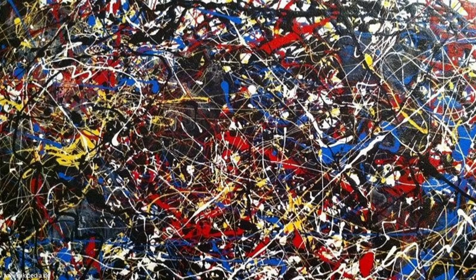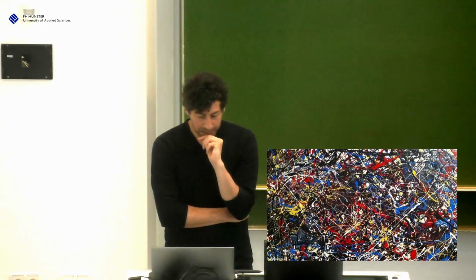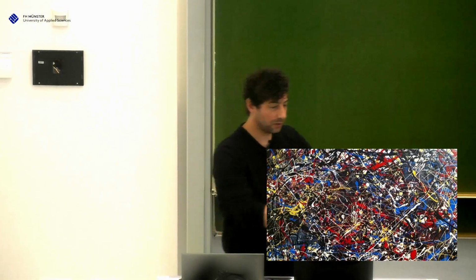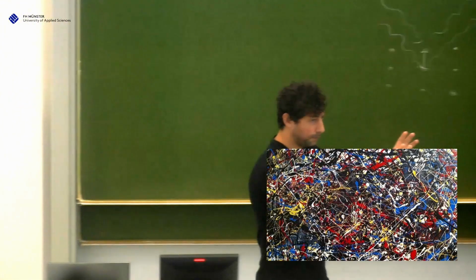And this is very interesting because Jackson Pollock was a quite crazy guy, but a very famous artist when it comes to modern art. One property of fractals is something you see very well in this picture, and this is the question: do you see the full picture or only a part of it?